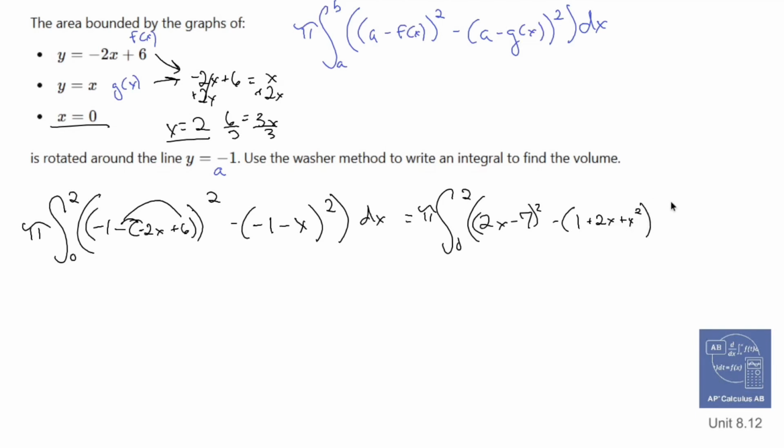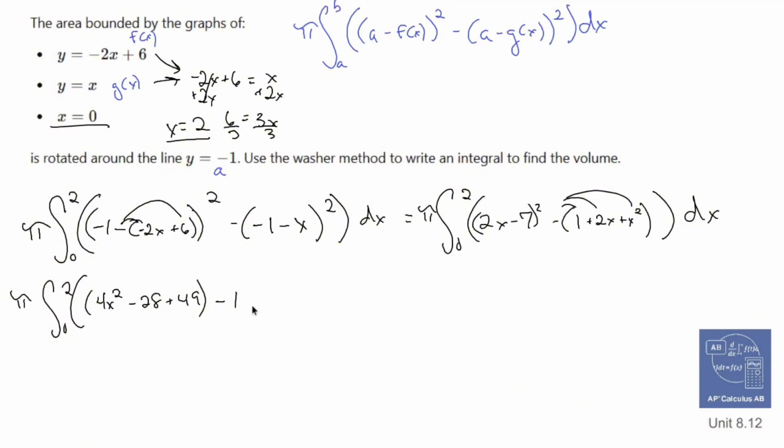Okay? And then close that, dx that. Why don't we perfect square trinomial the first one, and you get 4x squared minus 28x plus 49 minus, while we're at it, why don't we distribute the negative here: 1 minus 2x minus x squared dx.